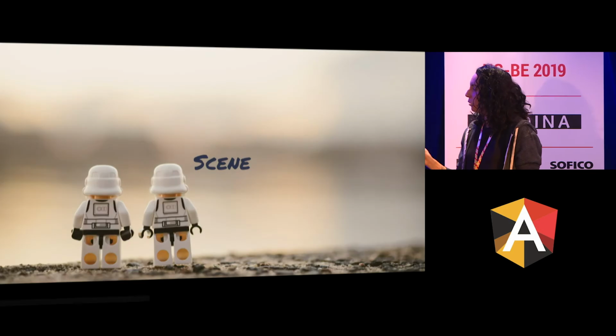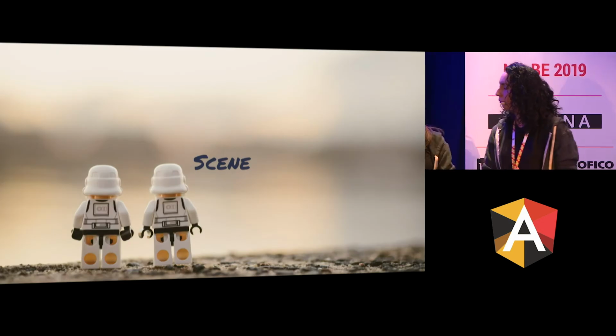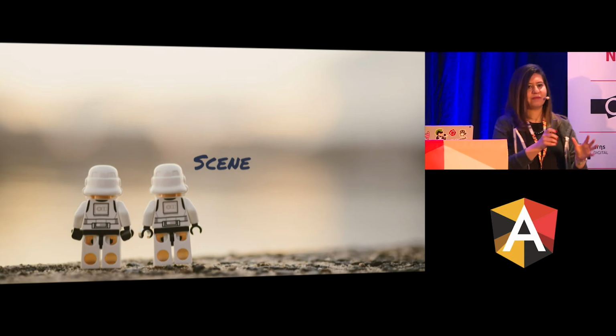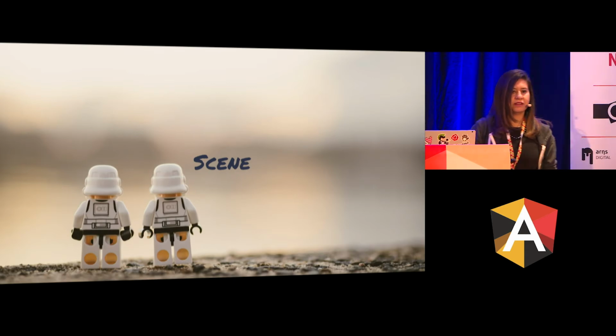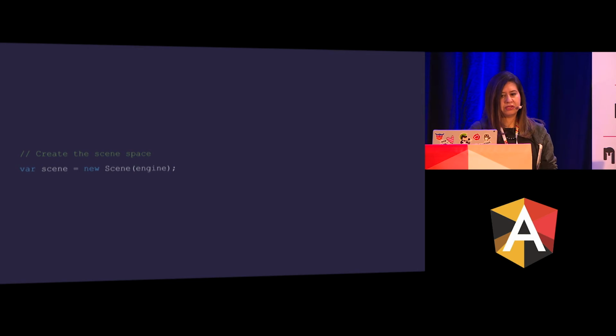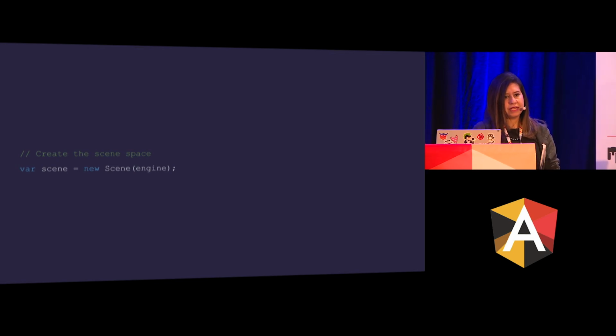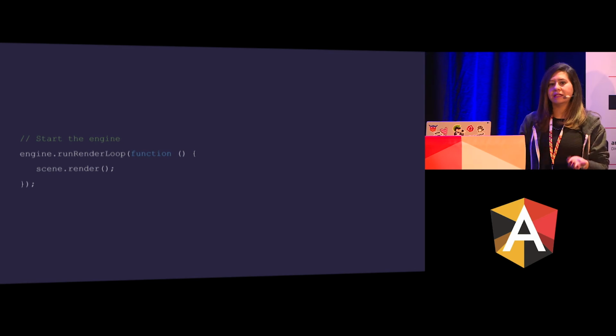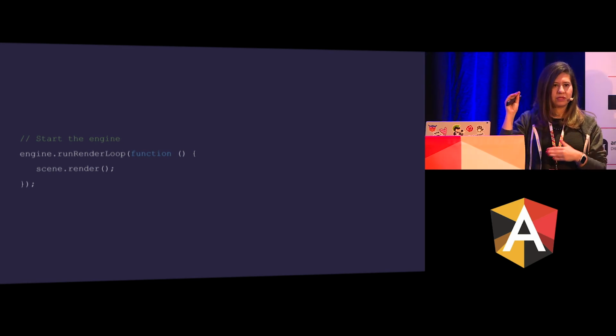But let's see step 2, Sherry, the scene. If you want to have a movie, you need a scene to put your objects in. The concept of scene is like that, and to do that, you just create a scene out of your engine. One thing to remember is that once you are inside the VR experience, it also has its own life cycle.